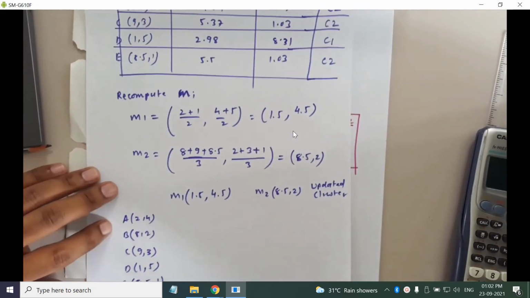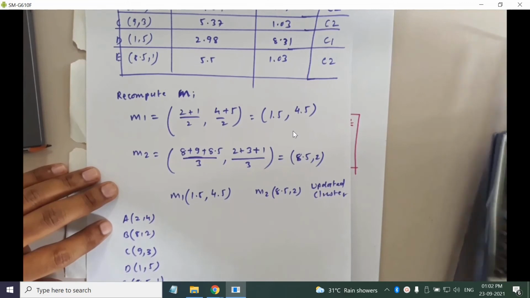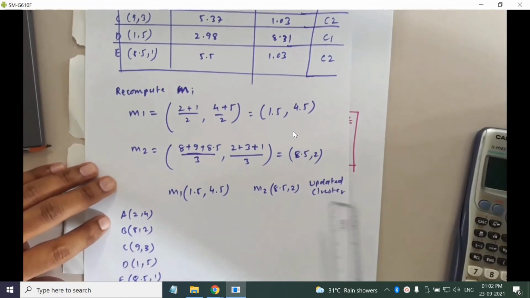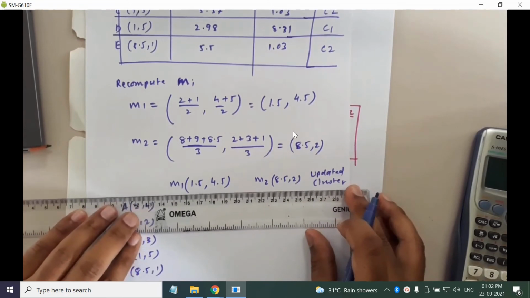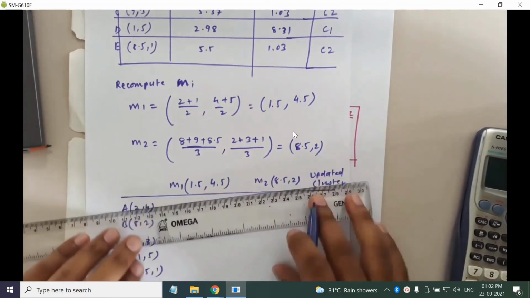Now again calculate the distance using the same distance formula and see whether any updation happened or not.